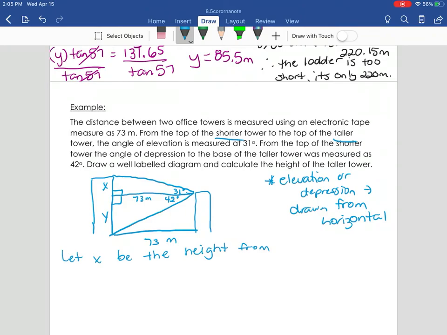You could write the difference between the height of the taller tower and the shorter tower, or the height from the horizontal to the taller tower. It doesn't matter.